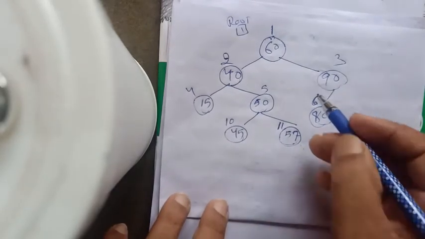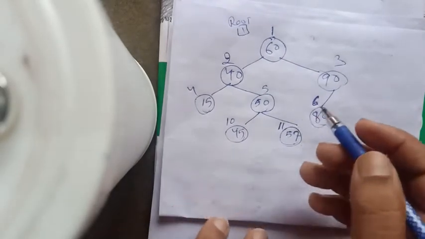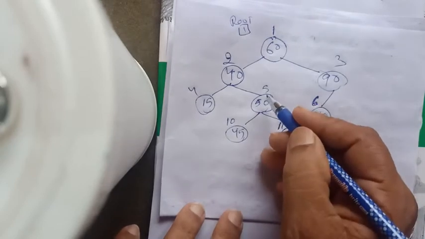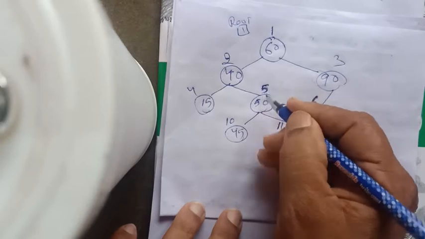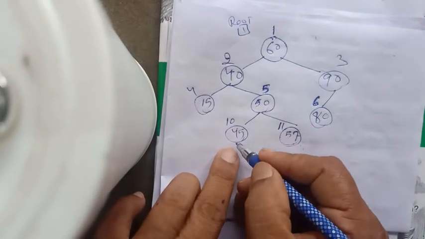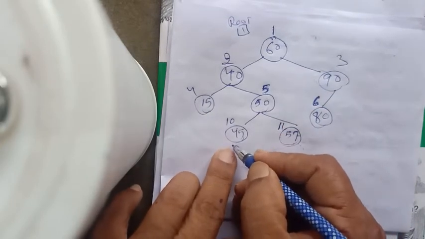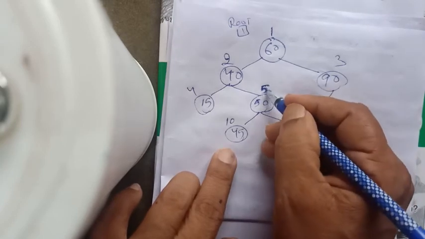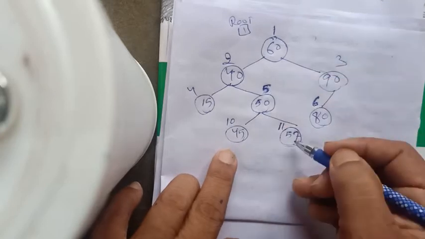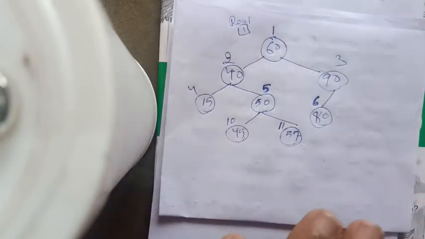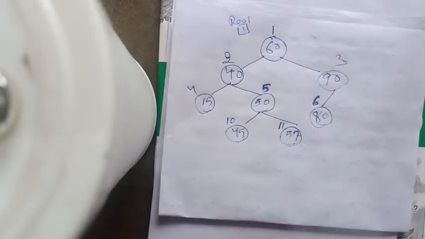I have just used the address by multiplying by 2 from the address of its parent. The address of the left child node is the address of the parent multiplied by 2, and the right child node is the address of the parent multiplied by 2 plus 1. That concept I have used, but it is not necessarily like that.